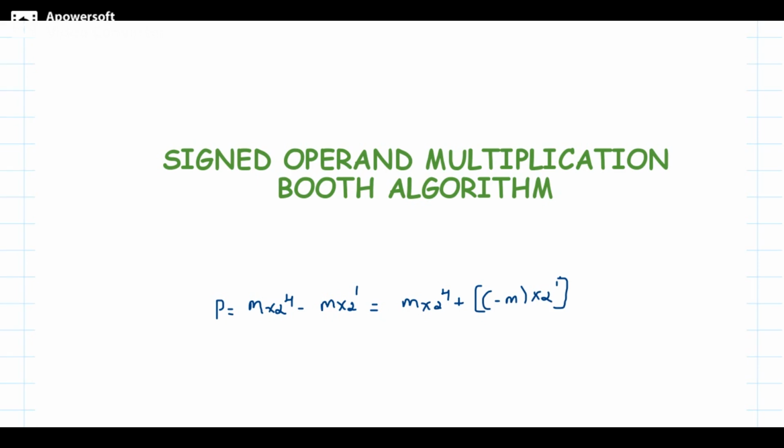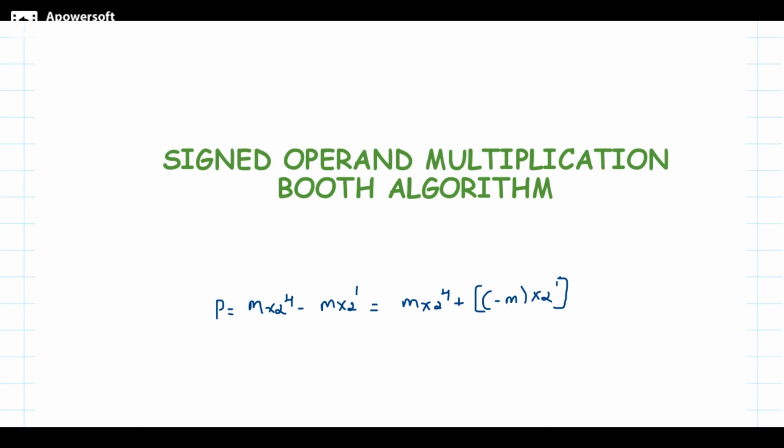So it is an equivalent equation that computes the product, which can be obtained by shifting the multiplicand m, that is k plus 1 times to the left and subtracting a shifted version of m once. In other words, the product can be generated by adding 2 power k plus 1 times the multiplicand to the 2's complement of 2 to the power 1 times the multiplicand.